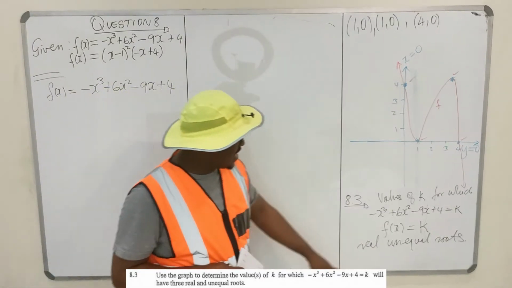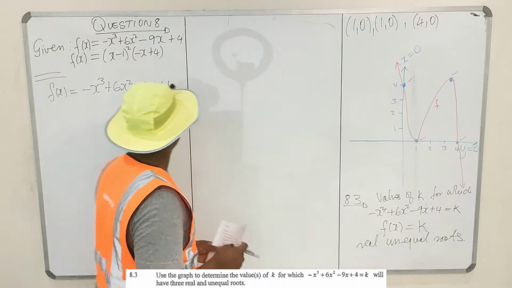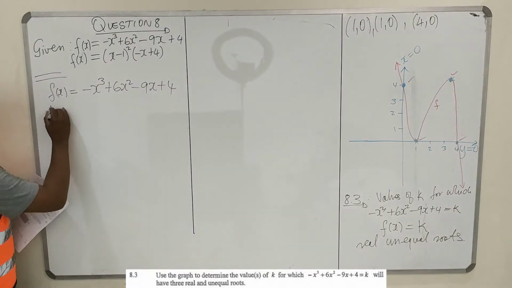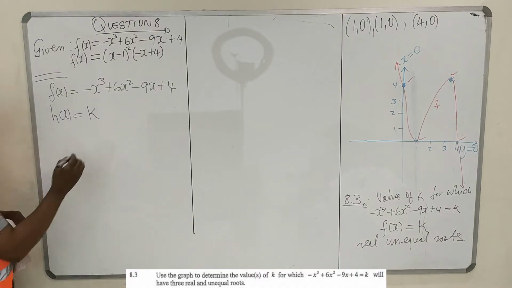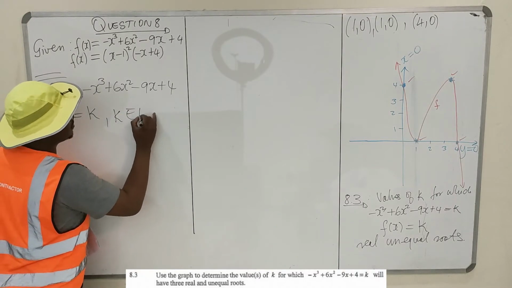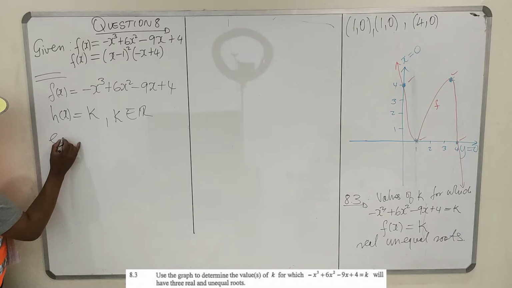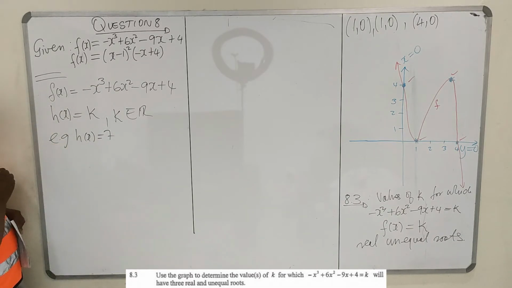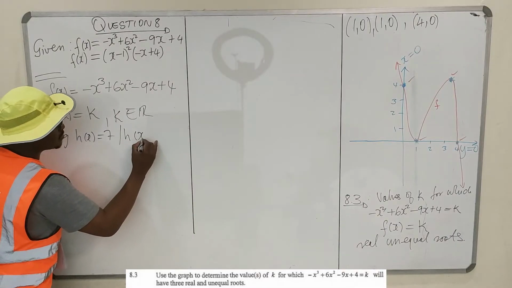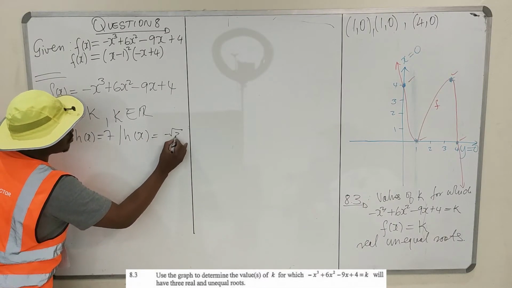So you can define another function, h of x, to be equal to k. You know that k is a real number. Examples of k: you can say h of x is equal to 7, or your h of x can be negative root 2.